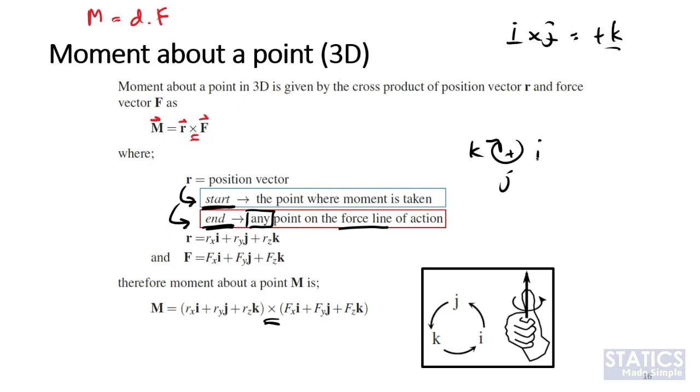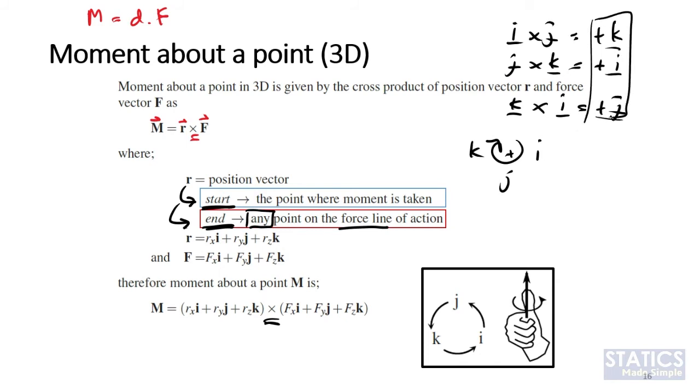And if I have j cross k, I will have a positive i. In fact, if I want to go further, if I have k cross i, I will have a positive j as well. So as long as it follows this ijk order, you'll have a positive value.